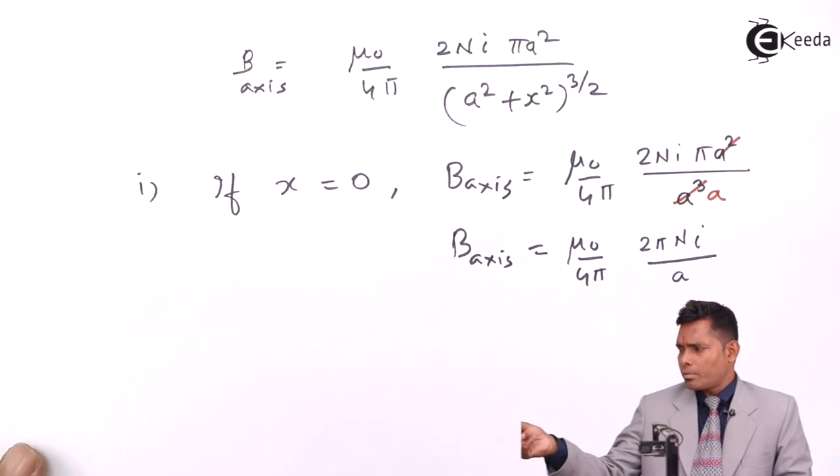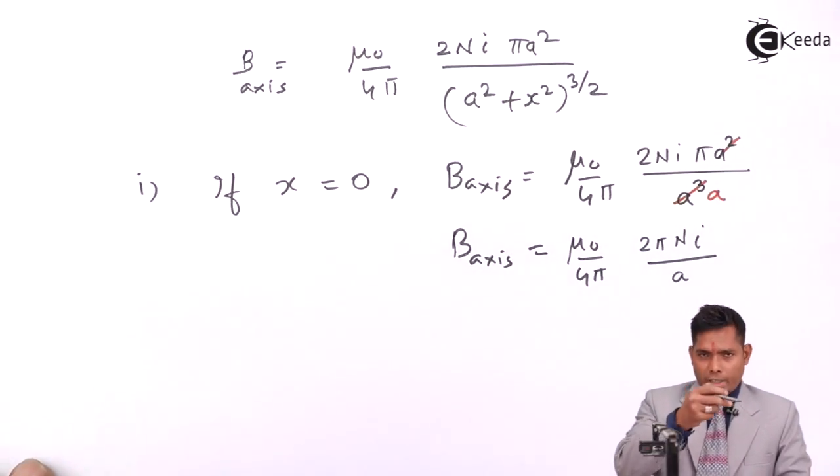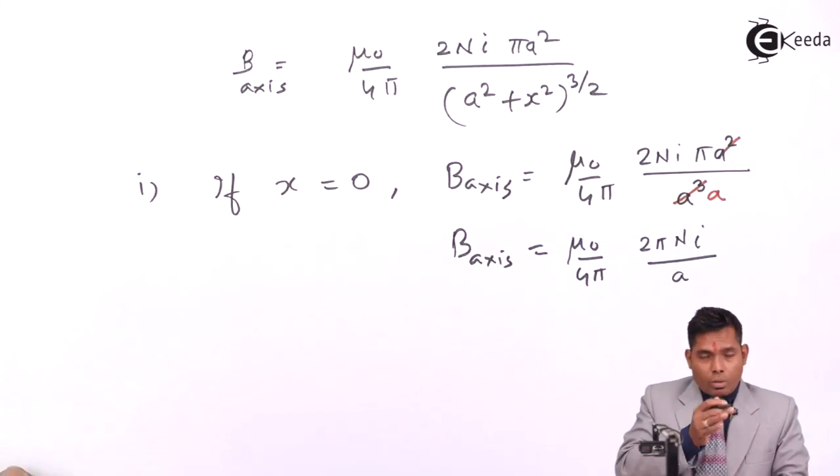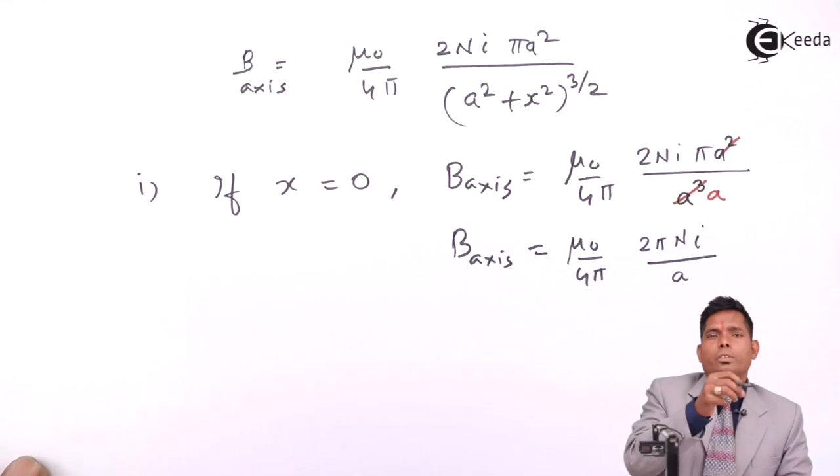If the point is taken from the axis to the center, then the expression for magnetic field will be equal to the magnetic field at the center of a circular coil.